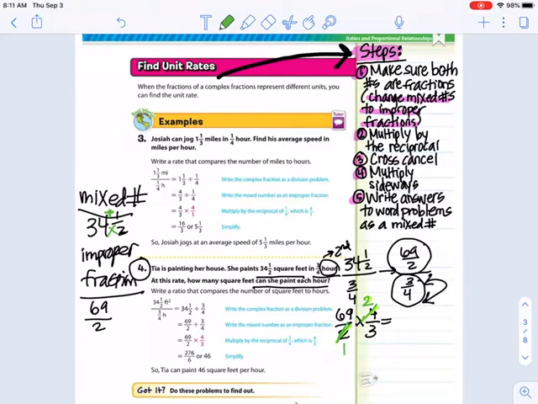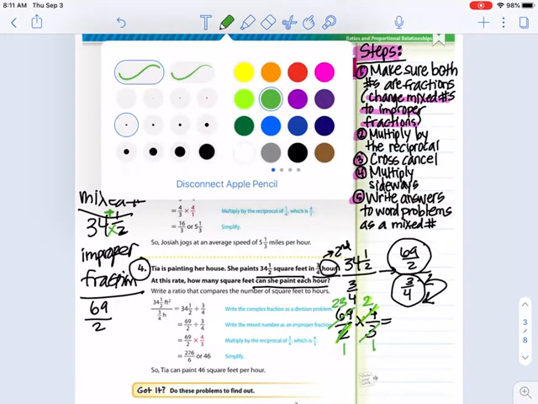Then I noticed that 69 and 3, both of those are divisible by 3. So 3 divided by 3 is 1. 69 divided by 3 is 21. It is not 21. It is 23. Sorry about that.